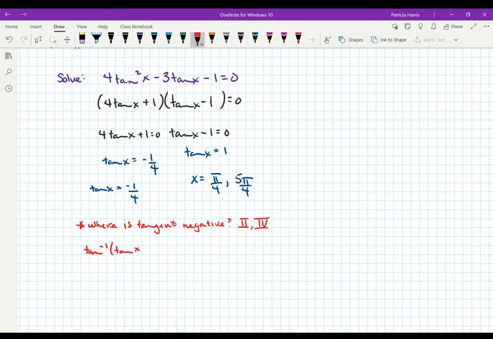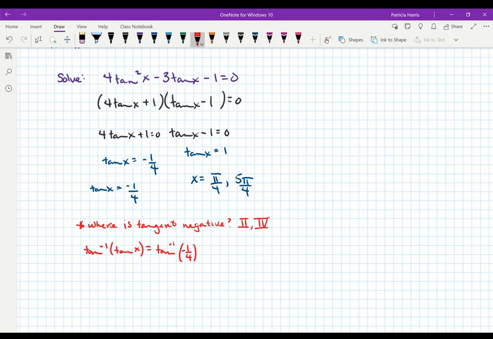Now remember, tangent is a little bit different than sine or cosine. All right, here we go. Making sure your calculator is in radian mode. 0.24497. Oh, wait, I forgot to hit the negative button. So let's go back and fix that.